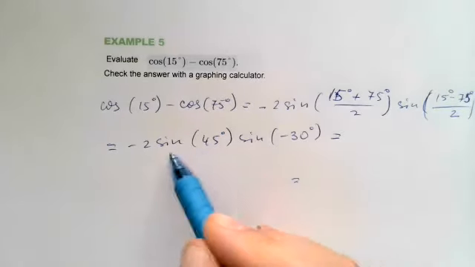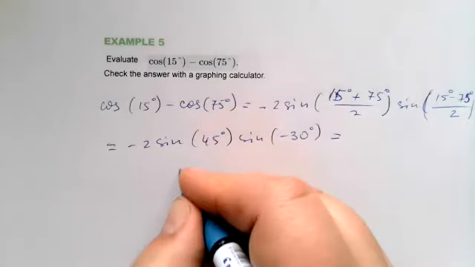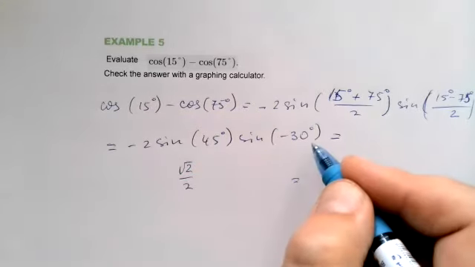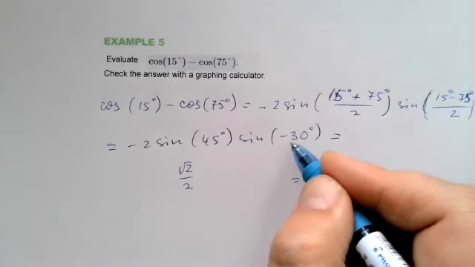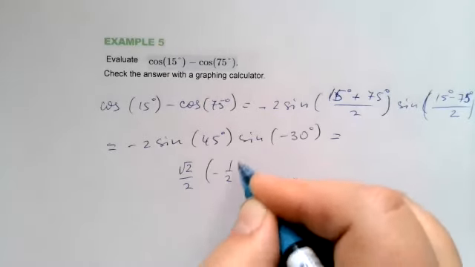These values are going to be fractions. For 45, we have square root of 2 over 2. For 30, sine of 30 is 1/2, but sine of negative 30 is going to be negative 1/2.